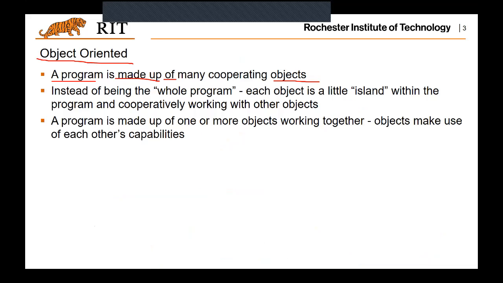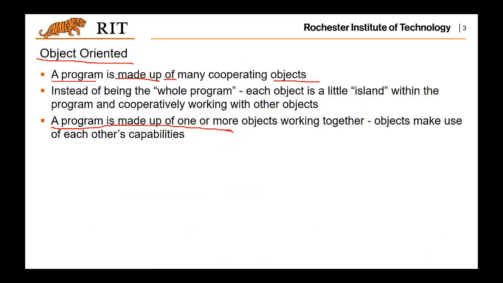Basically, if you have object-oriented programming, you put a lot of objects together, and the objects utilize each other's capacity, meaning one object could utilize some other object's capabilities to achieve certain tasks, which will be more powerful than process-oriented programming.